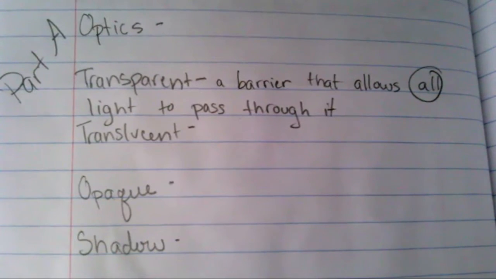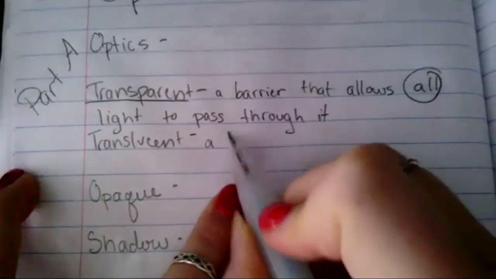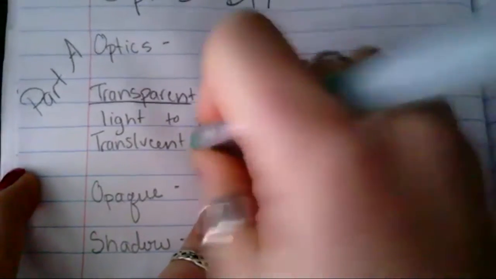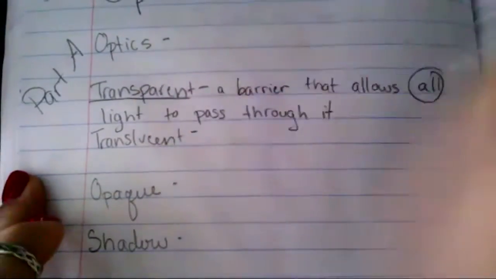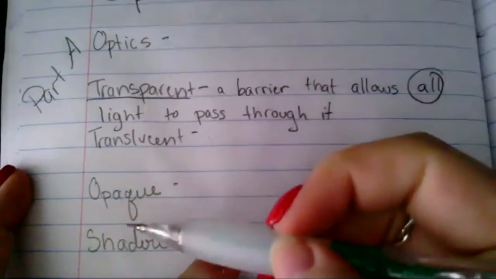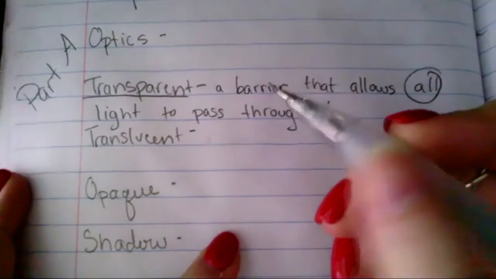Opaque. Okay, and what is opaque? A material or substance that allows no light to pass through. It is a material or substance. I'm going to call it a barrier because, again, these words are describing the barrier to the light, which is, of course, made out of a material or substance.